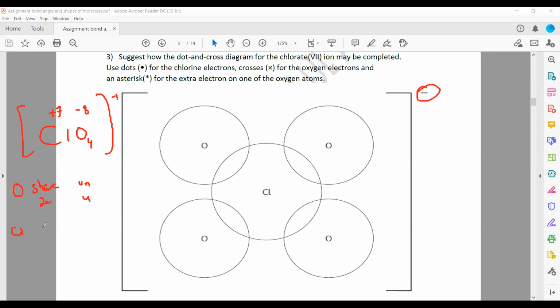And chlorine belongs to group 7, so it will share 1 electron, and unshared will be 6. So we have to show how this covalent structure is formed.